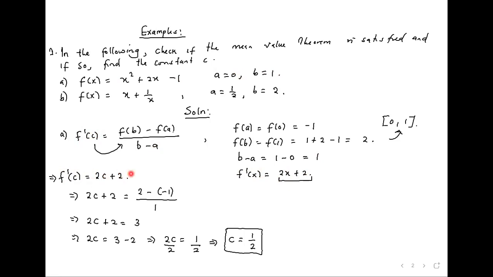So 2c plus 2 is equal to 2 minus negative 1 over 1, so 2c plus 2 is equal to 3. Take the 2 to the other side, you get 1, and divide by 2, so c is equal to half.